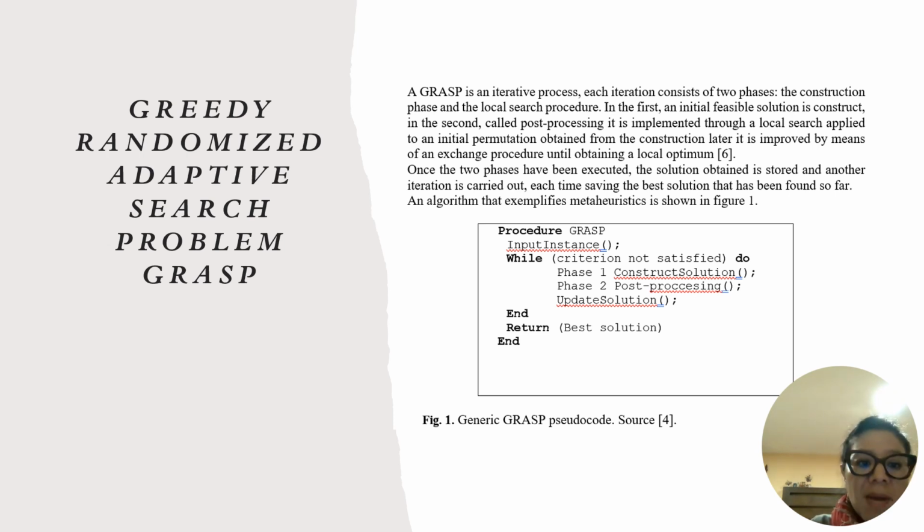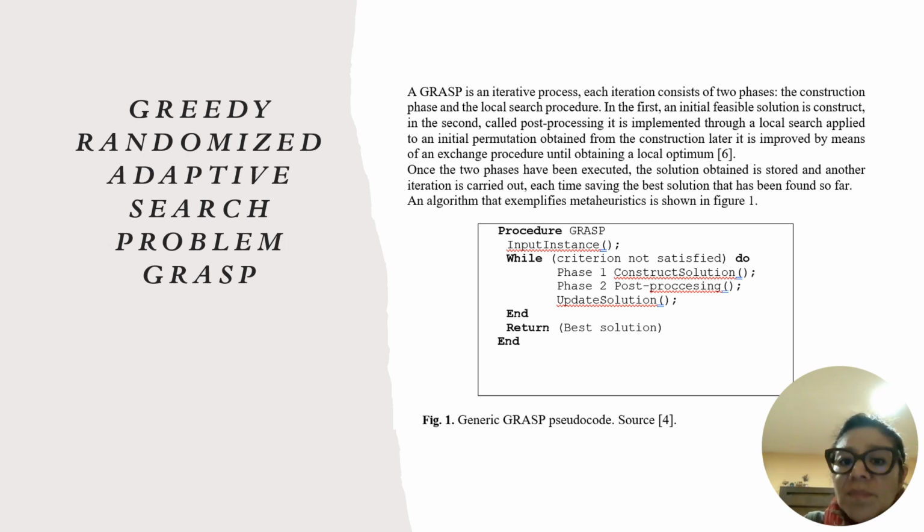The Greedy Randomized Adaptive Search Procedure, GRASP, is an iterative process. Each iteration consists of two phases, as I said: the construction phase and the local search procedure. In the first, an initial feasible solution is constructed.